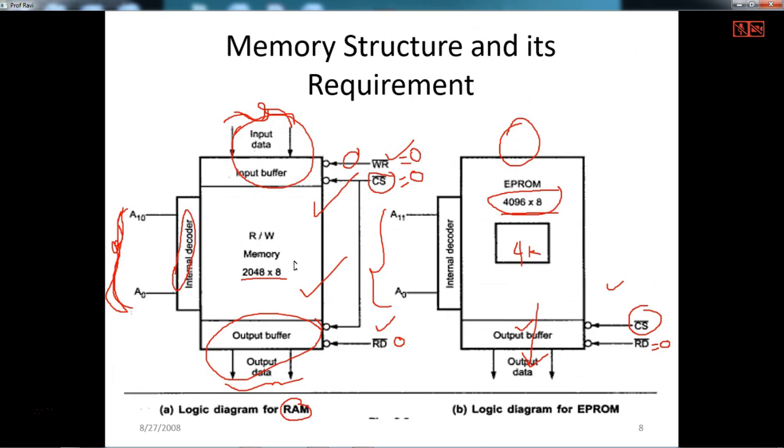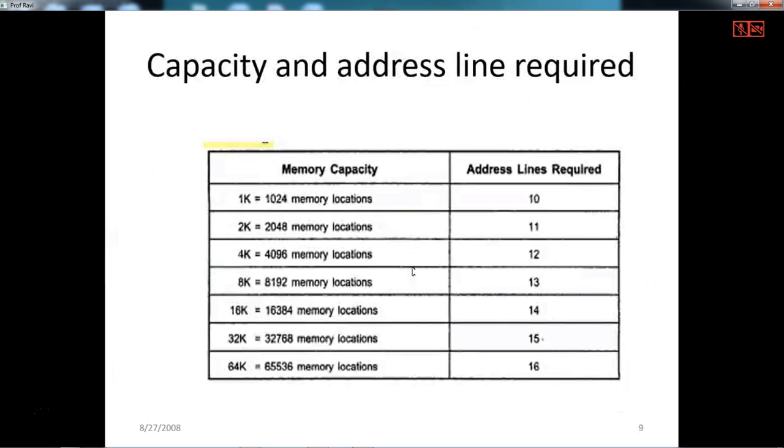Similarly you have memories of different sizes, 1K, 2K, 4K, 8K, 128K, 256K, 1 MB. So you have different sizes of memory chips available in the market. Then how many address lines should the memory chip have?